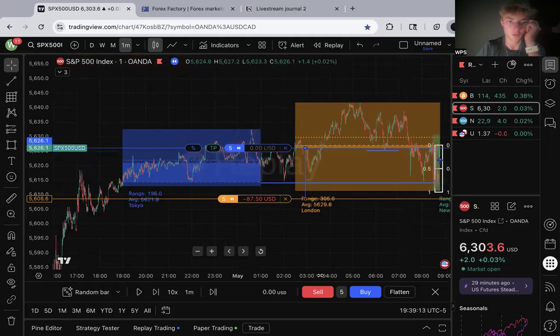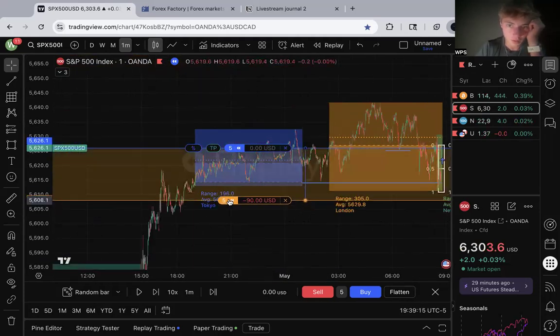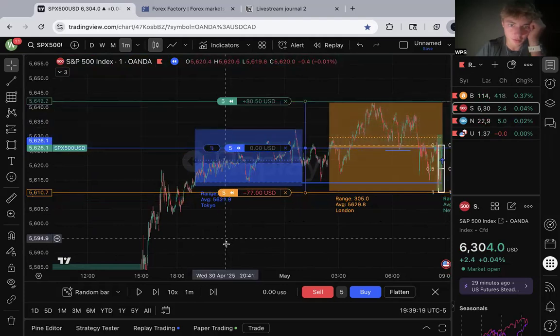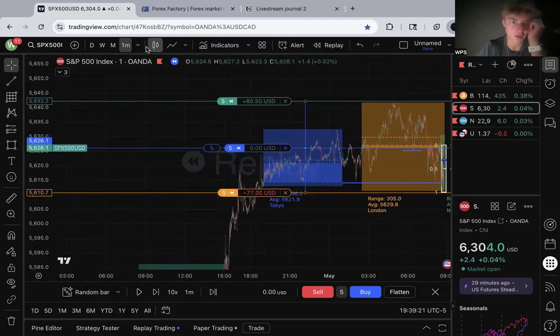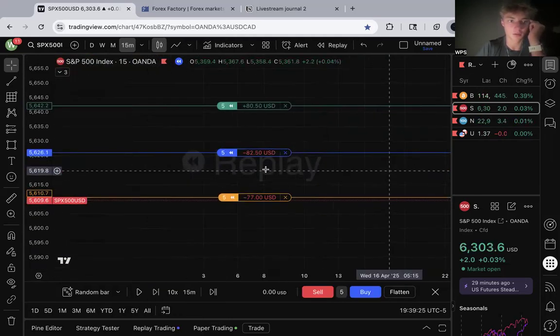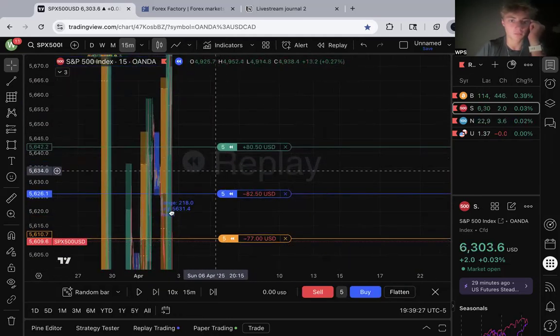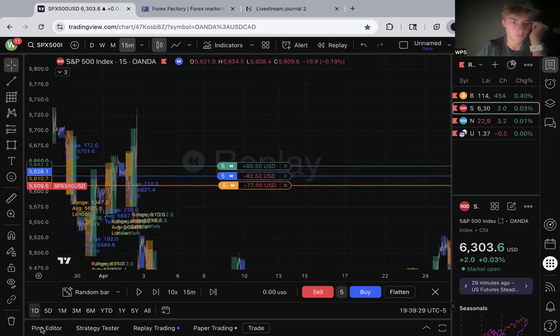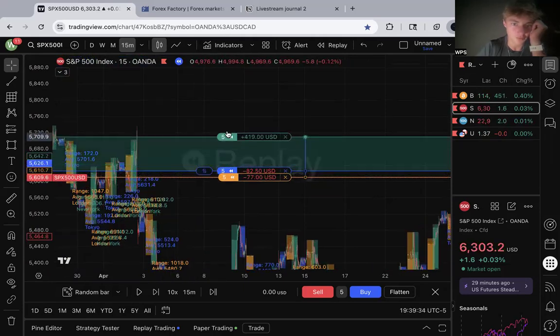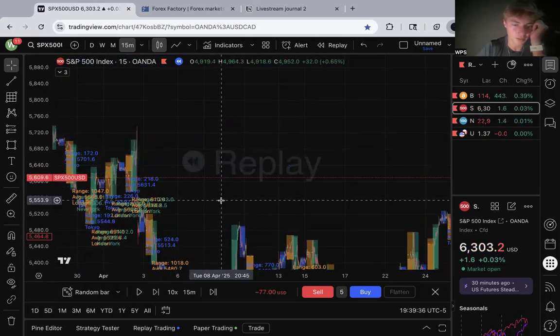Stop loss below here, I'm assuming take profit up here. Are there any other areas of liquidity I can target? I think I have no choice but up here.